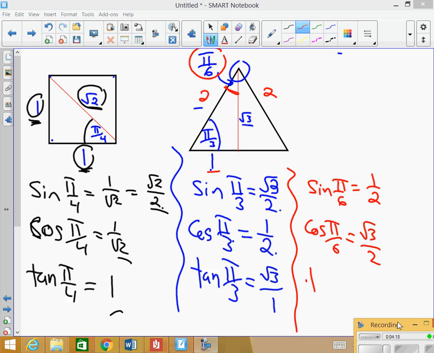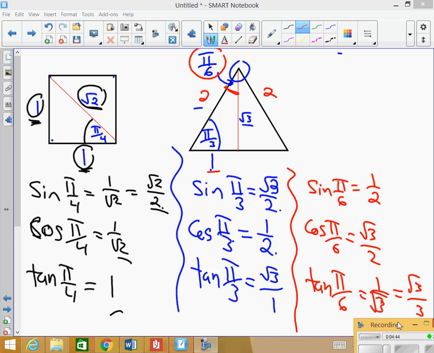And tan of pi over 6 is going to be 1 over root 3, or root 3 over 3 if we rationalize it. So those are our special angle relationships with sine, cosine, and tangent, and they're going to be useful.